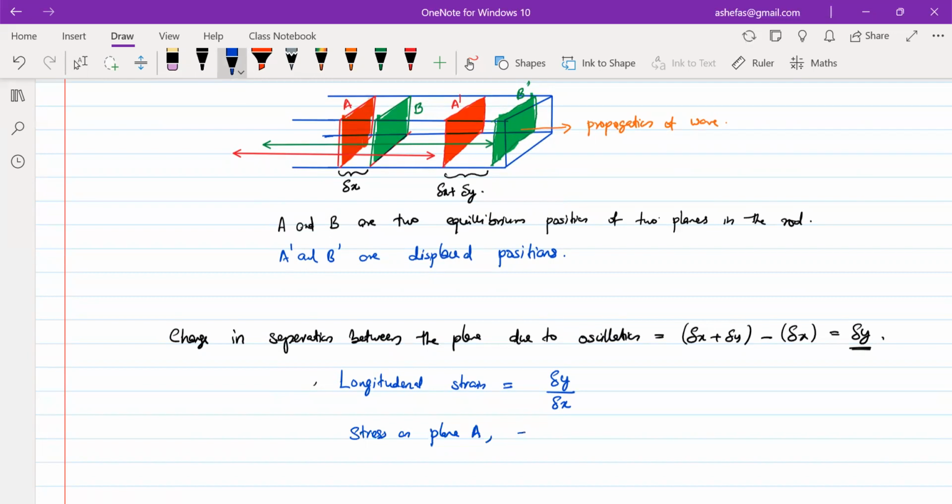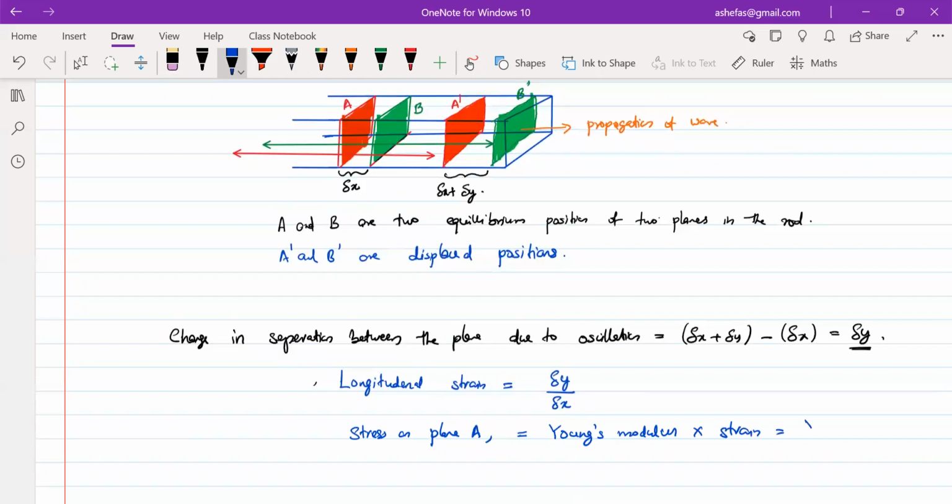Okay, so usually the stress is defined as the modulus of elasticity. So since it is the rod, we can define Young's modulus in the strain.